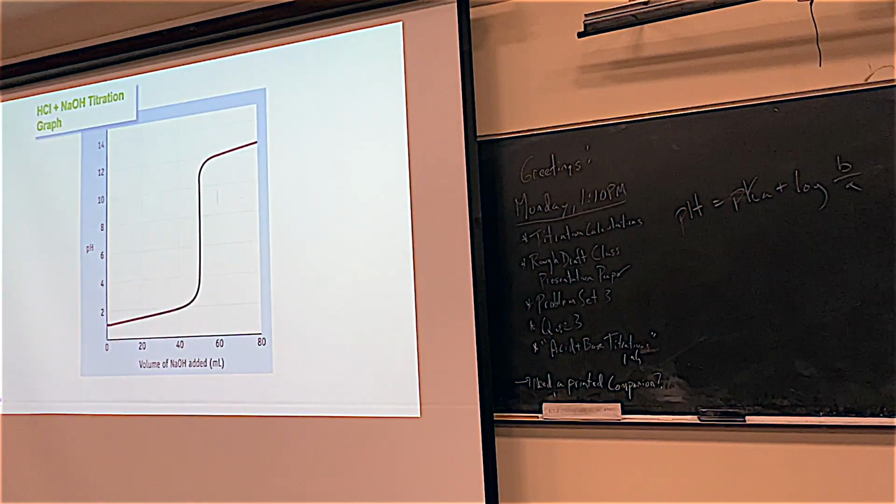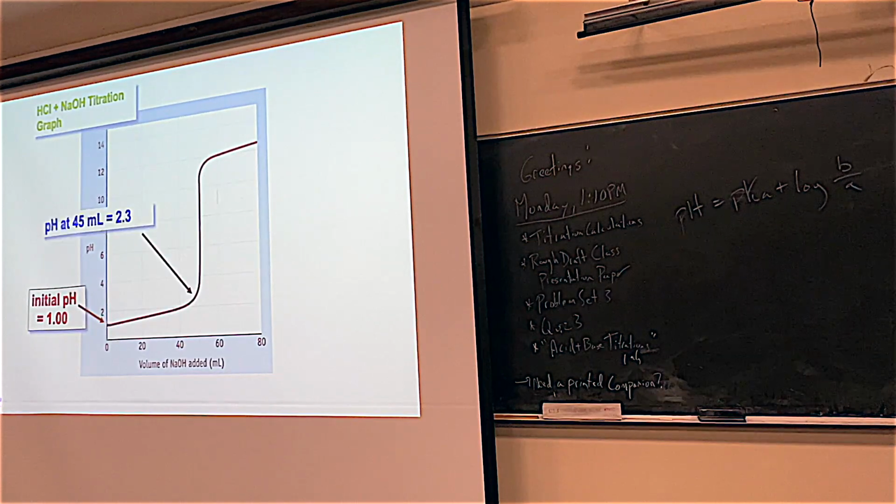Okay. You can take these points and graph them. And if you need to make a graph, pH is the y-axis, and the volume of what you're adding is the x-axis. So this was a strong acid plus strong base. Sodium hydroxide will be on the x-axis. So initially, the pH we calculated was 1. At 45 milliliters, it came out to be 2.3.